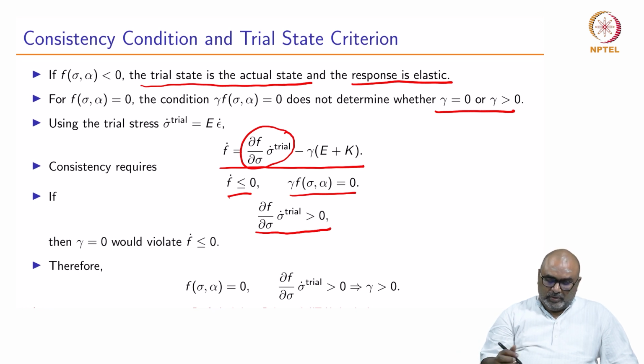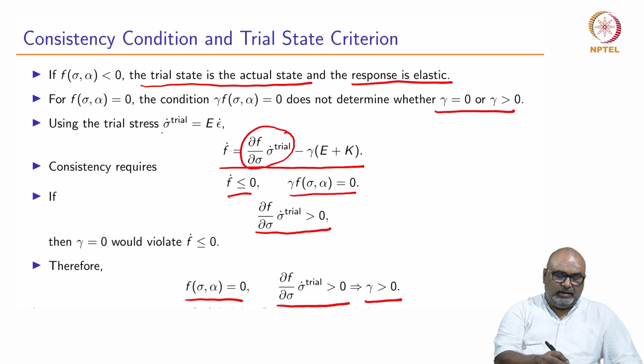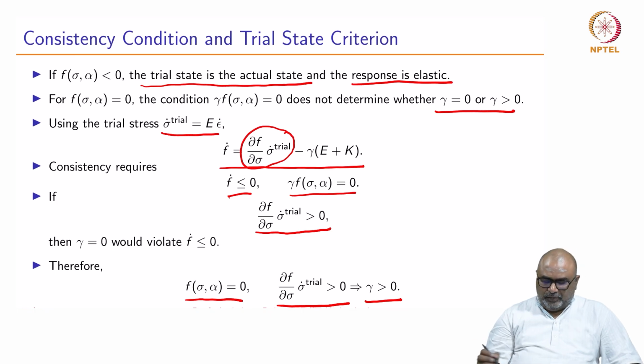So, therefore, f of sigma comma alpha must be equal to 0 and dou f by dou sigma times sigma dot trial greater than 0 implies that gamma must be greater than 0. So, from the consistency condition and for a trial elastic state, if we find that dou f by dou sigma times sigma dot trial is greater than 0, then gamma is greater than 0.